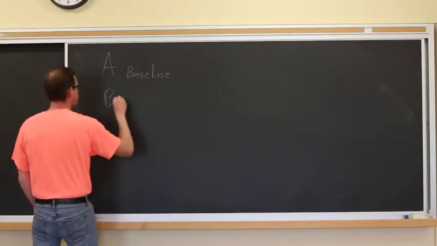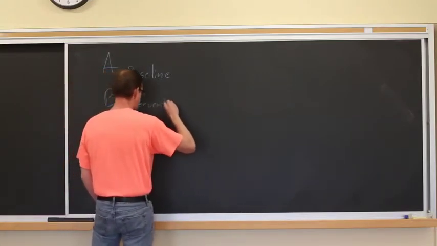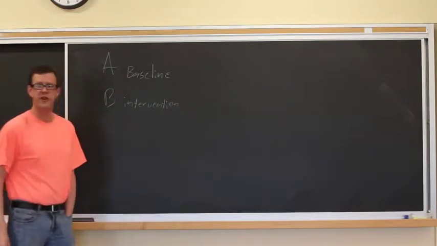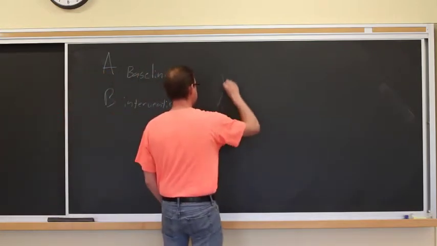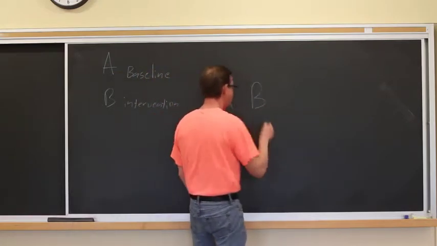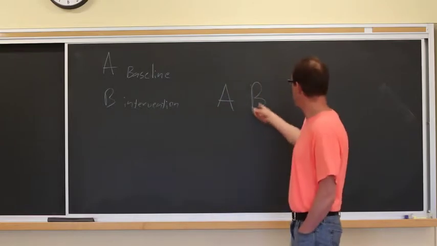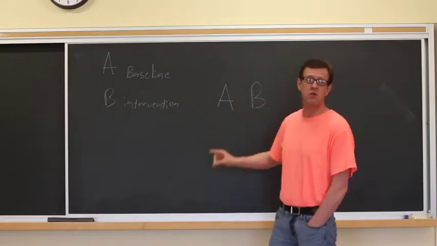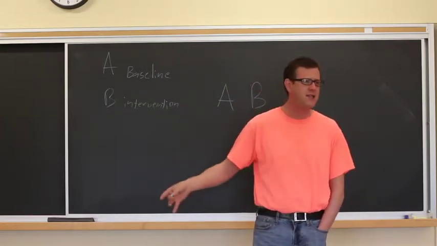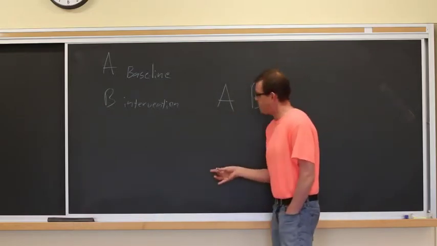And B is going to represent the intervention, or the test during the intervention. And you can imagine that I give a test before the intervention and a test after the intervention. Now this is good. Maybe I'll see that after the intervention scores are higher or lower or faster or slower or whatever the dependent variable is.